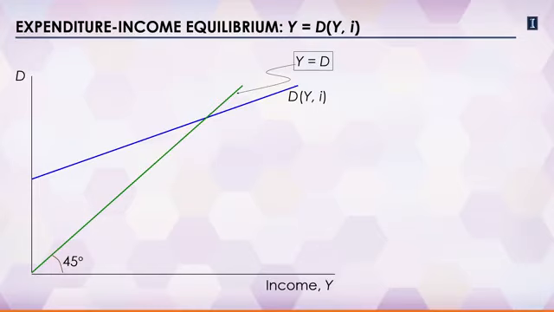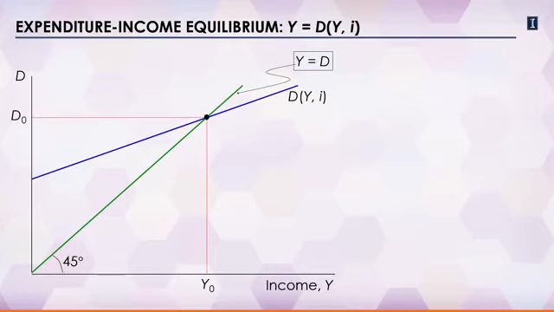The blue line, or the aggregate preferred expenditure curve, tells us where people would like to be given their level of income. The equilibrium of the economy comes about when where people would like to be is exactly where they have to be. And that happens only at the crossing point of the two curves, at Y0 and D0.